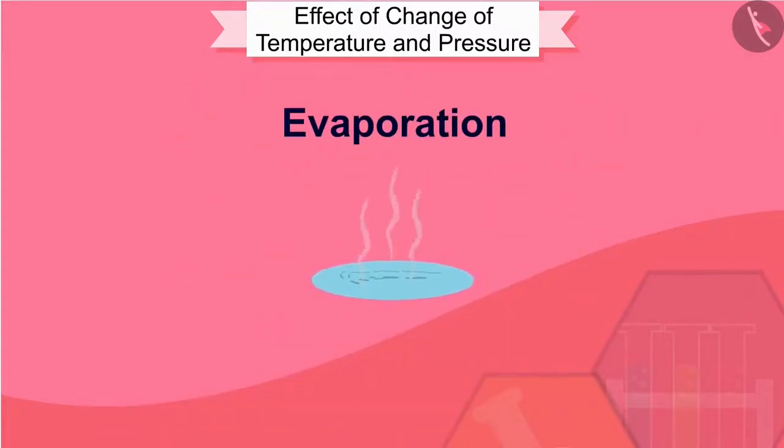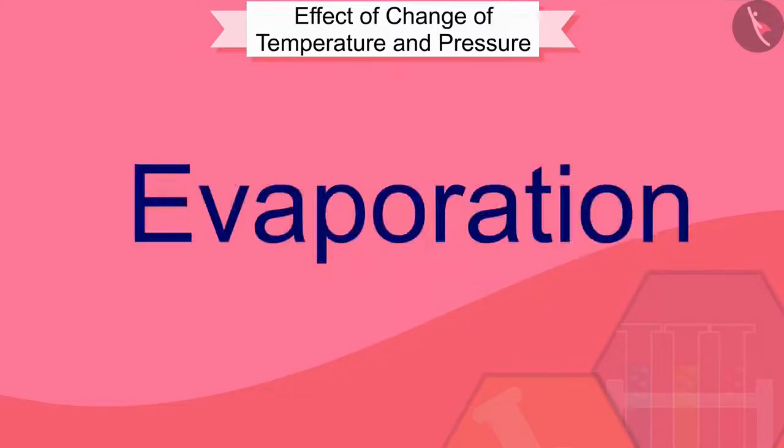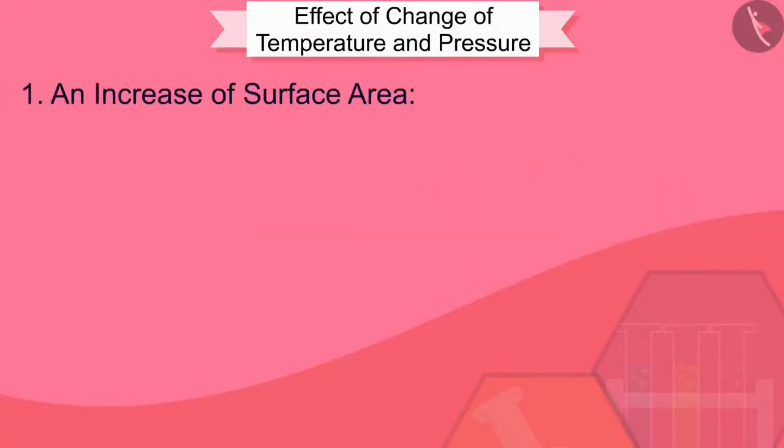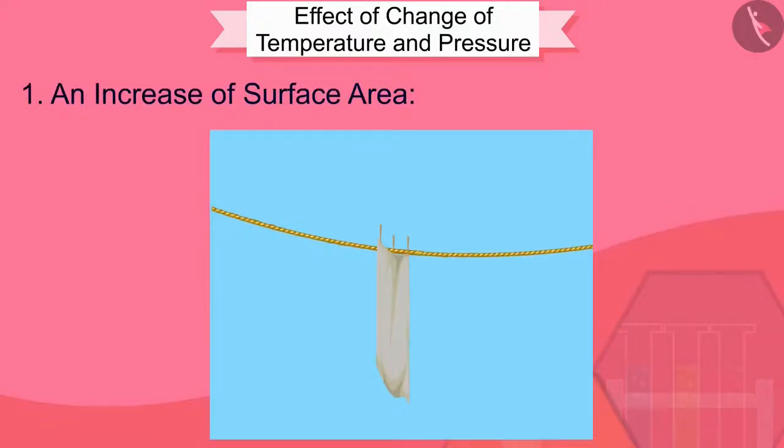Let us see what are the factors affecting evaporation. The rate of evaporation increases with the following: an increase of surface area. We know that evaporation is a surface phenomenon. If the surface area is increased, the rate of evaporation increases.